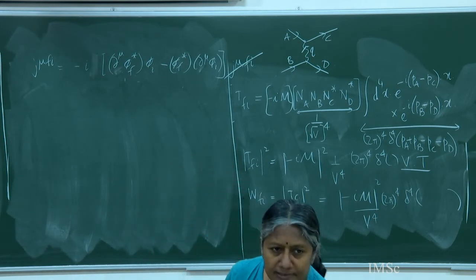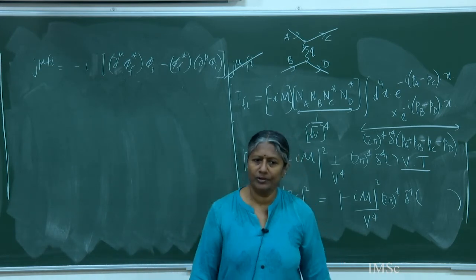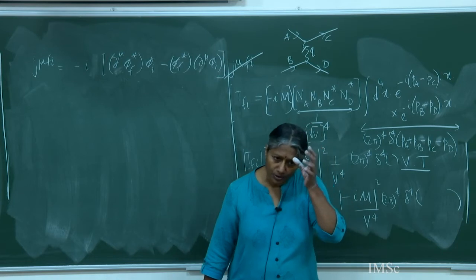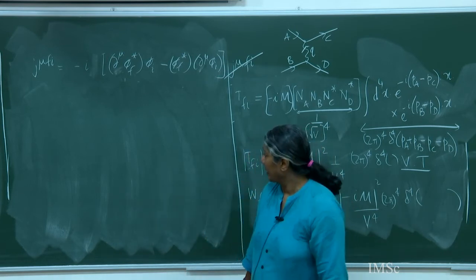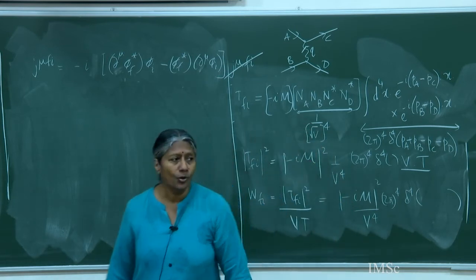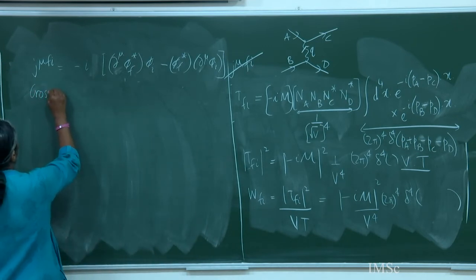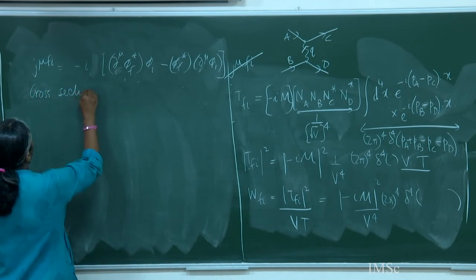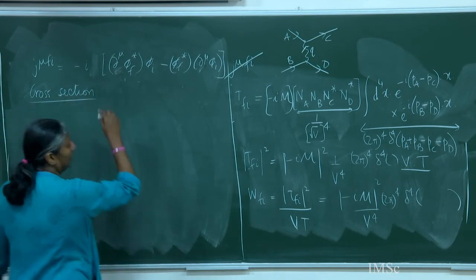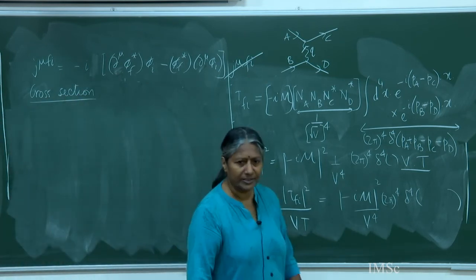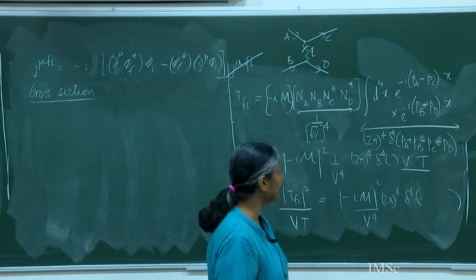Now what we have done is that exactly like we did it for Fermi golden rule, we have found out this transition rate, but we have some more to go. What we really want to do is to find a cross section, okay, so that we can make a meaningful comparison with experiment. So what all is left?